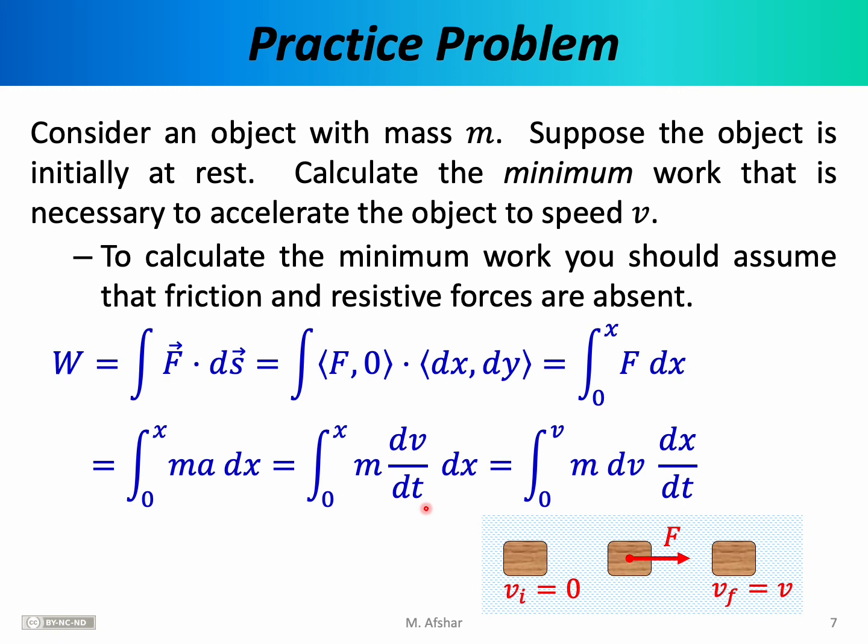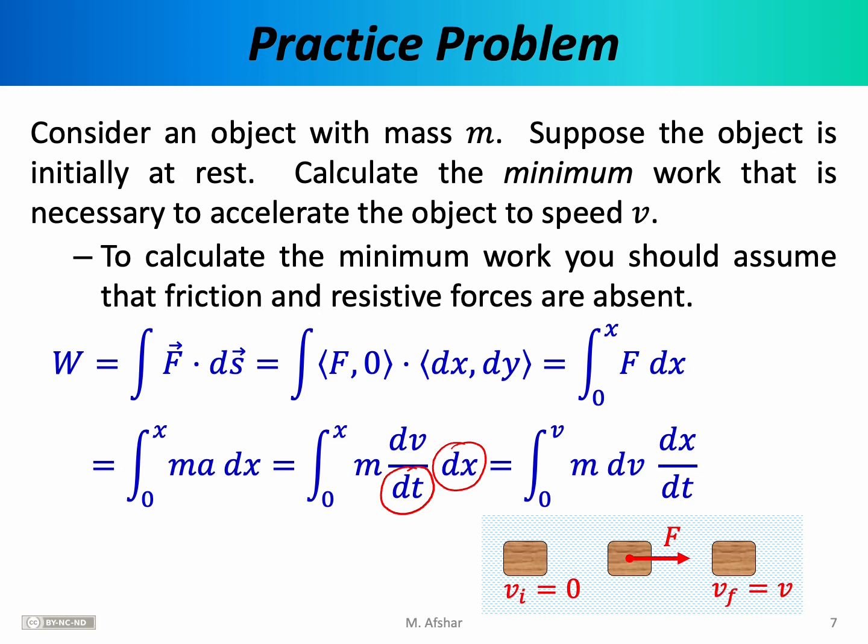Now, as it stands, this integral is not really possible to evaluate. However, we notice something interesting. We have dv over dt, and then we have a dx here. We can combine the dx and the dt together, so we can treat the derivative as if it's a fraction.